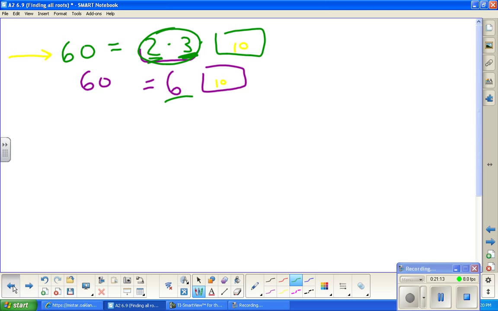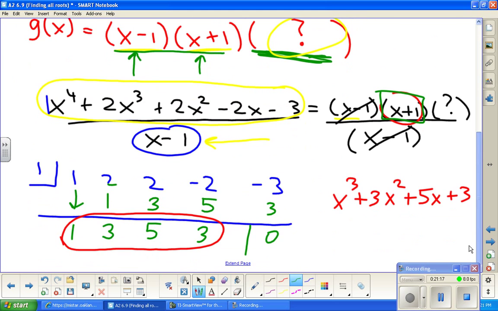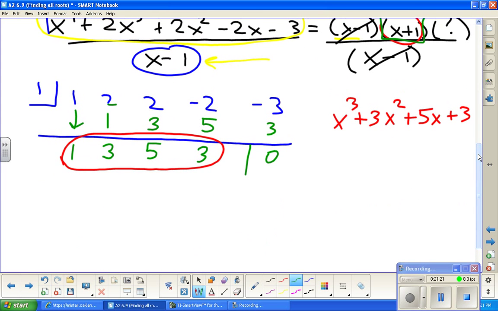That's the step we're at right now. Okay, so let's do that synthetically. Let's take this thing and divide it by the x plus 1, and that'll give us our remaining factor that was the question mark that we didn't know. So you kind of take your answer and divide it again.